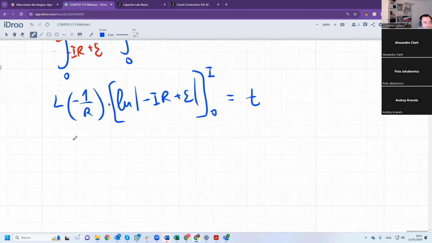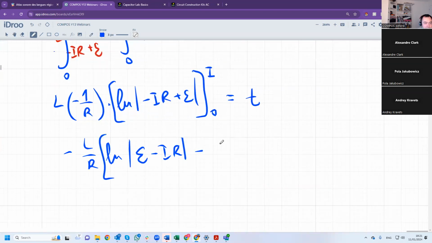And then we have minus L over R logarithm. So we plug in I: logarithm of EMF minus IR, minus logarithm of EMF, and that's equal to t.